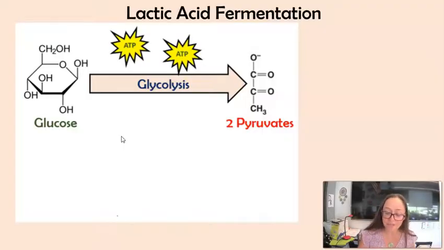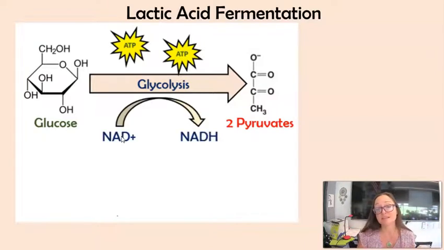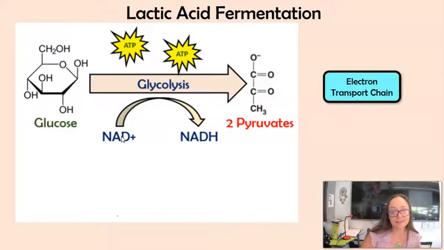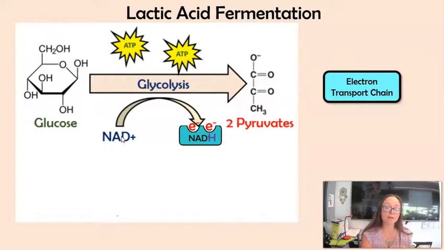Another thing that's required for glycolysis is NAD+. NAD+ is an electron carrier that is going to gain electrons during glycolysis, and the electron carrier will become reduced. This is an important step that's required for glycolysis to continue.